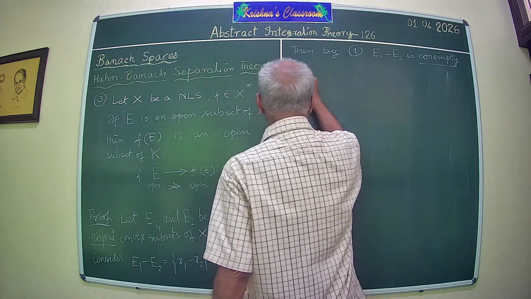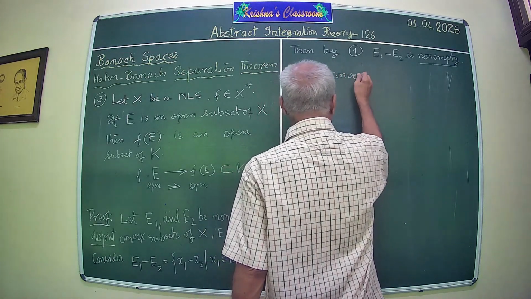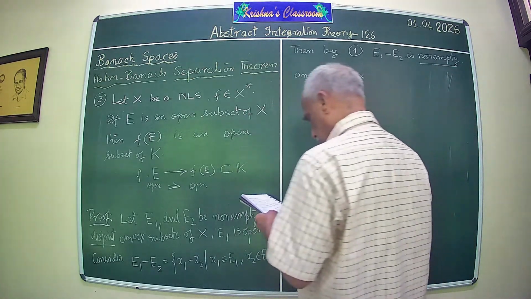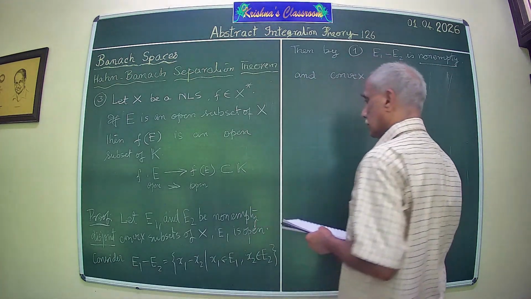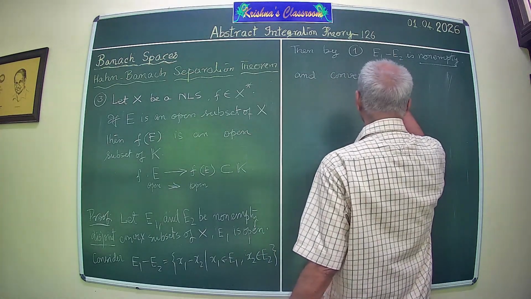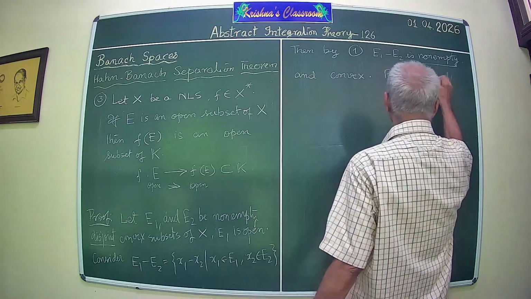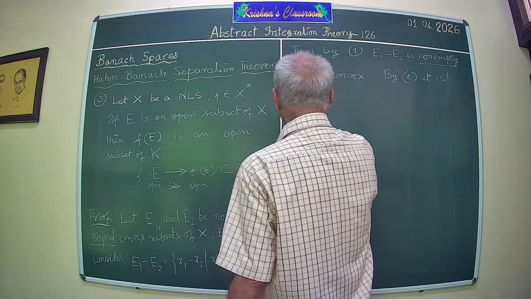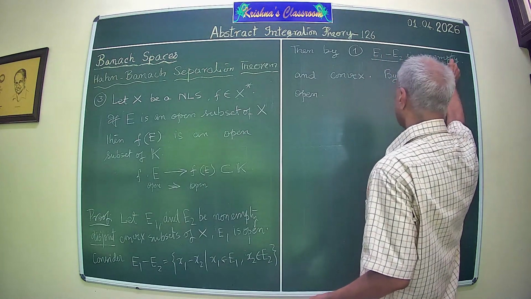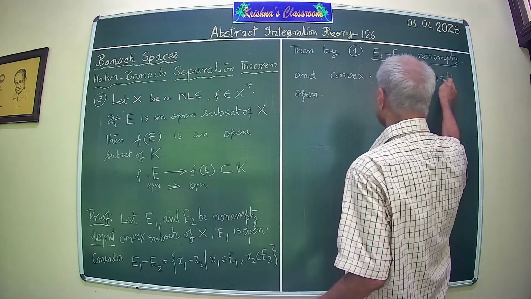And convex, that is simple, and by 1 you have this property: E1 minus E2 is non-empty and convex, and by 1 again it is open.